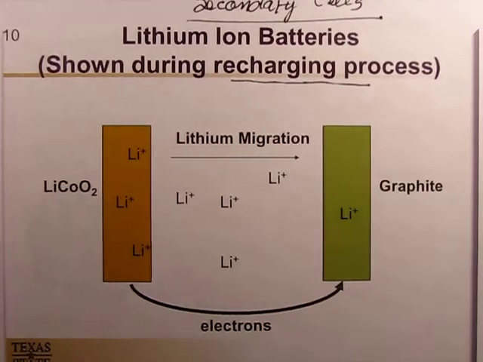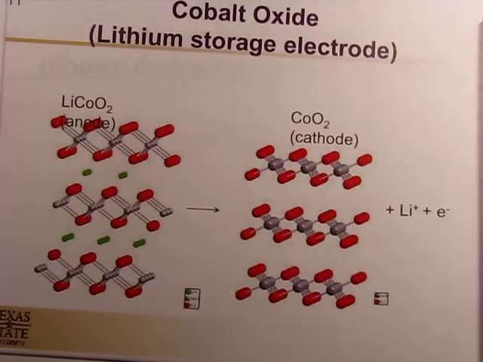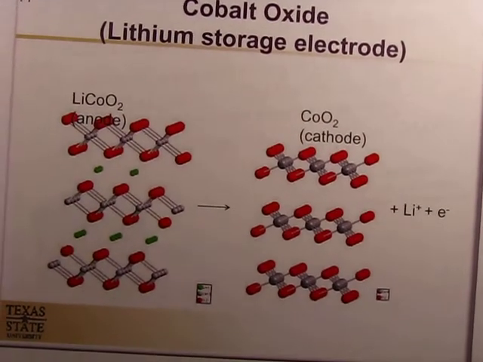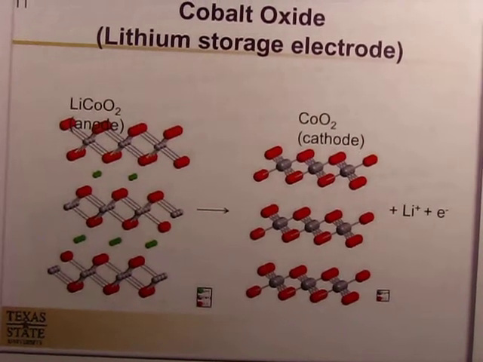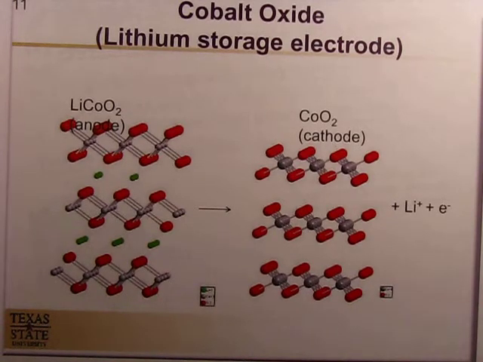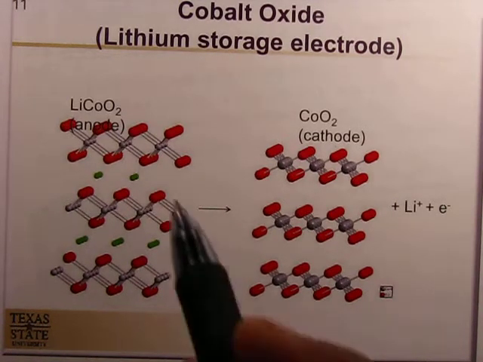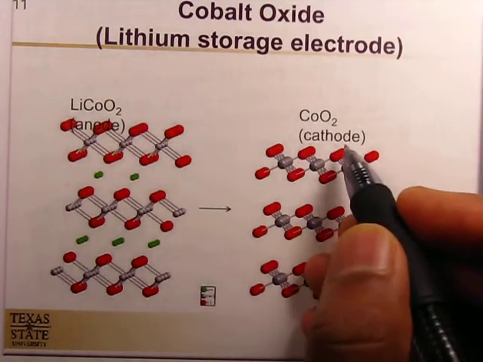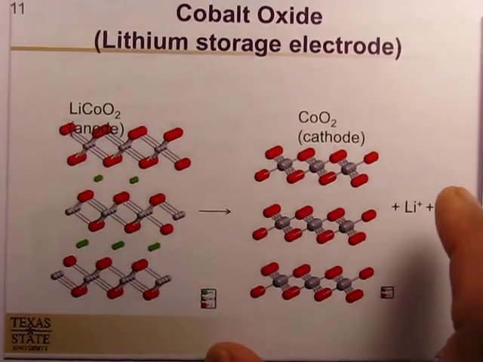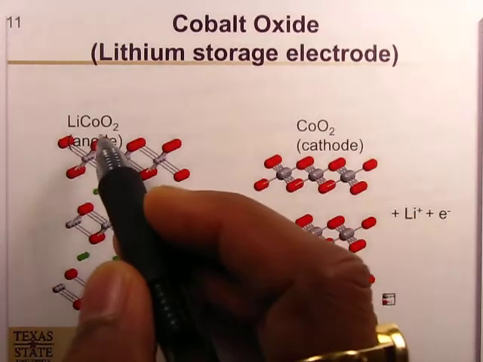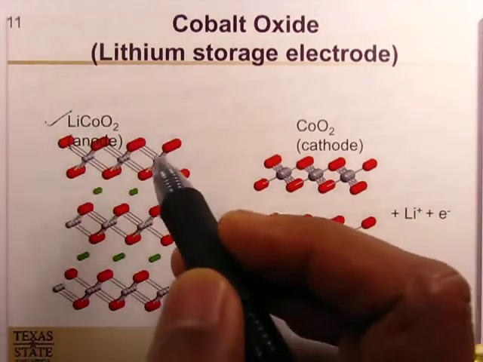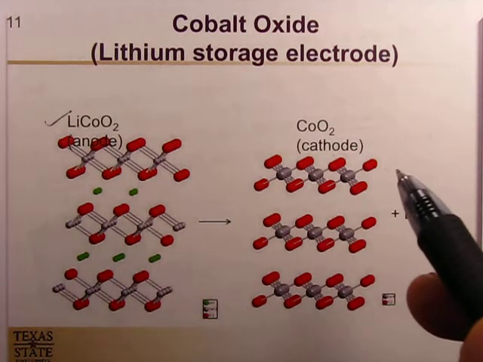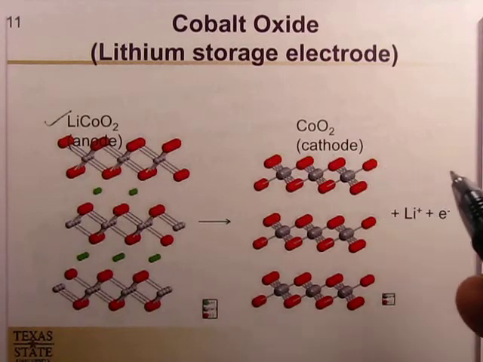Here you have to understand that lithium cobalt oxide is used as the anode, and lithium loses the electron, and cobalt oxide is used as the cathode. In these types of batteries you have to understand and memorize what the main anode and cathode are, and what reaction occurs at the anode and cathode.